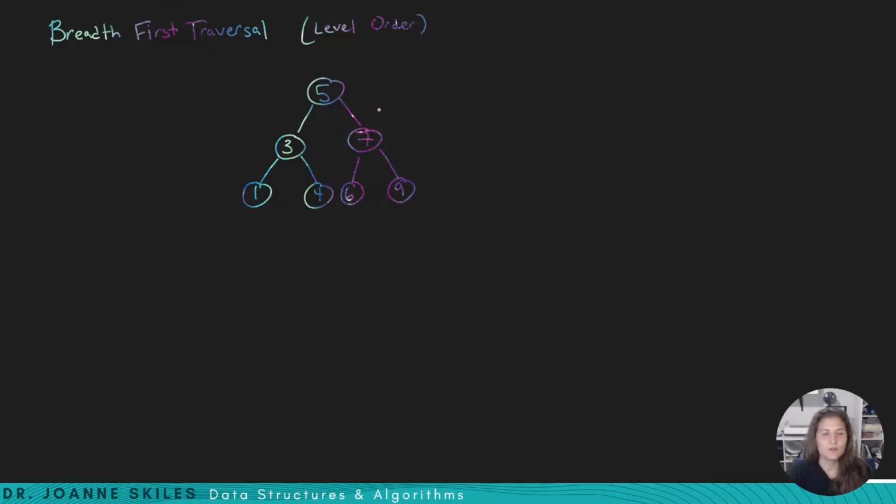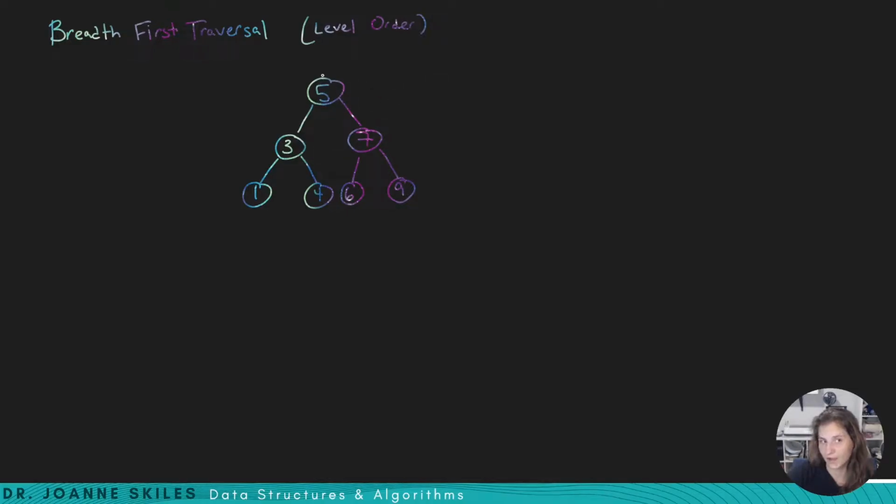Now, the first traversal that we are learning is breadth first traversal, also known as level order traversal. The best way to do this is to walk through with an example. So let me just draw up a quick binary tree here. In breadth first traversal, we start from top down and we visit each node from left to right or right to left. In this example, we're going to start with our root, and then at the next level, we'll go left to right.